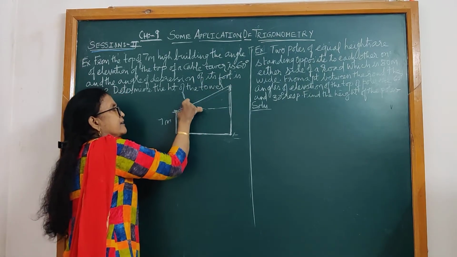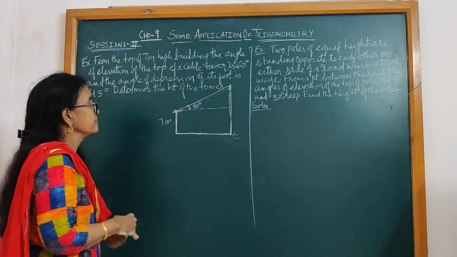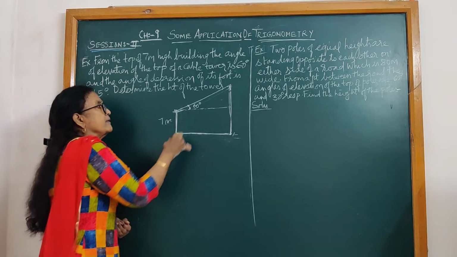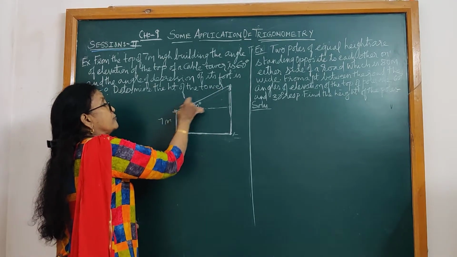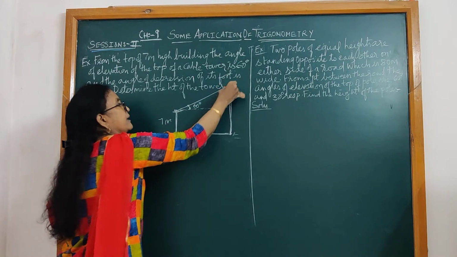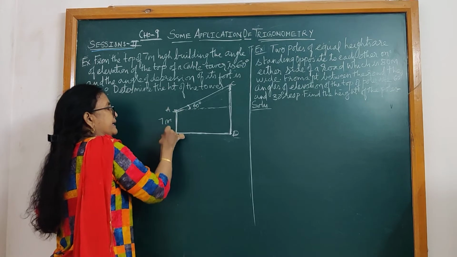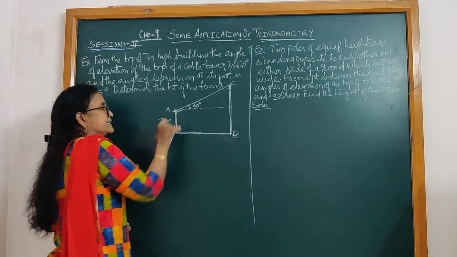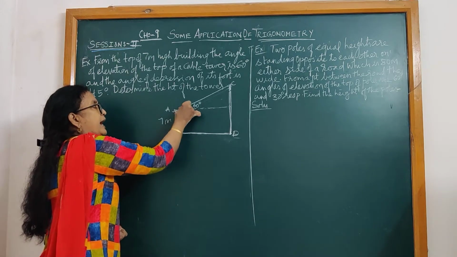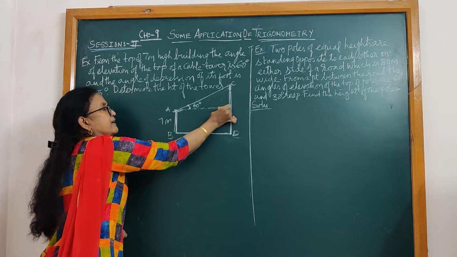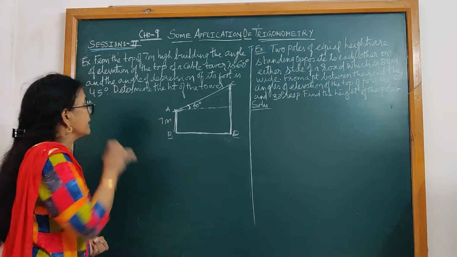So this angle you will call 60 degrees. Now this is the top. Let the tower be CD, and AB is the building whose height is 7 meters. So the angle it makes between the horizontal line and the line of sight is 60 degrees.